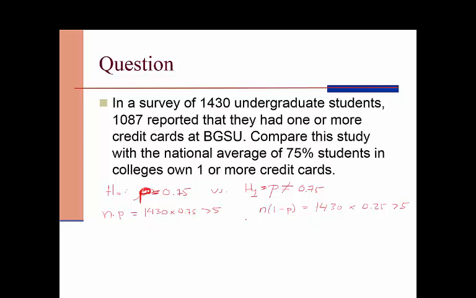So assumptions hold. Okay, so then you find the z stat. Again, in the test you may have to state your assumptions. So make sure you check those and you state it.